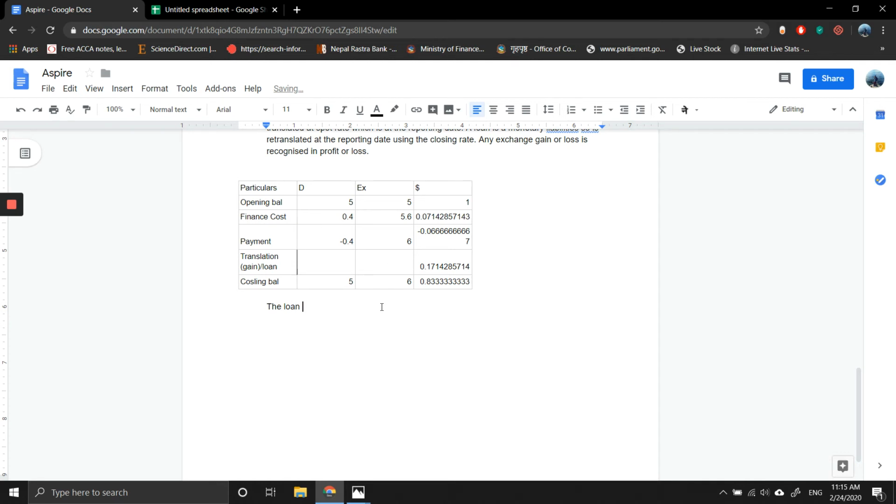The loan will be initially recorded at $1 million.